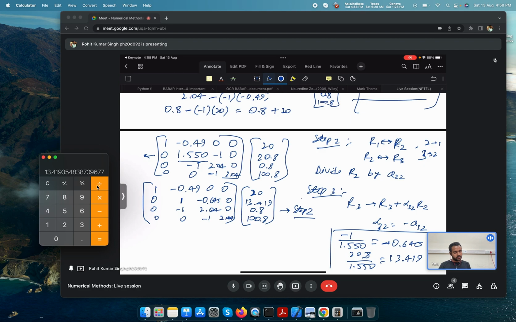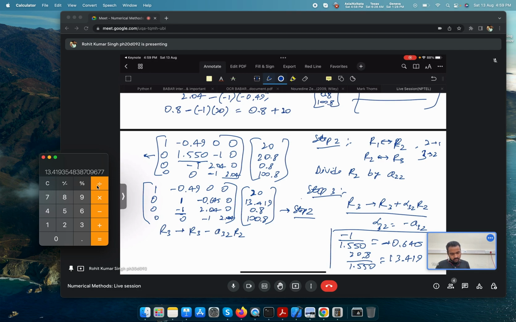Now you have to perform this third step on this matrix, where R3 goes to R3 minus A32 R2, right? It is straightforward. This element will be 0, right? Because you have minus 1, A32 is minus 1, and R2 is 1, so this element will be just 0.